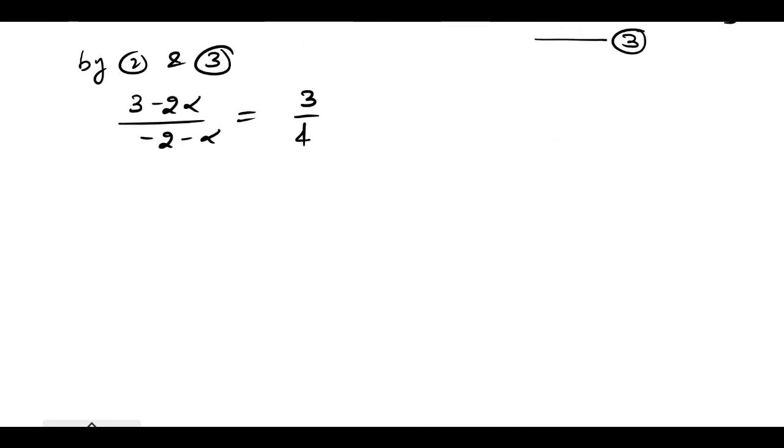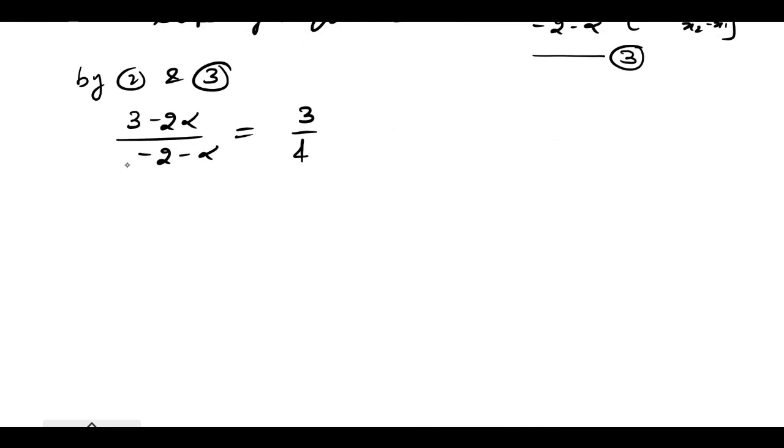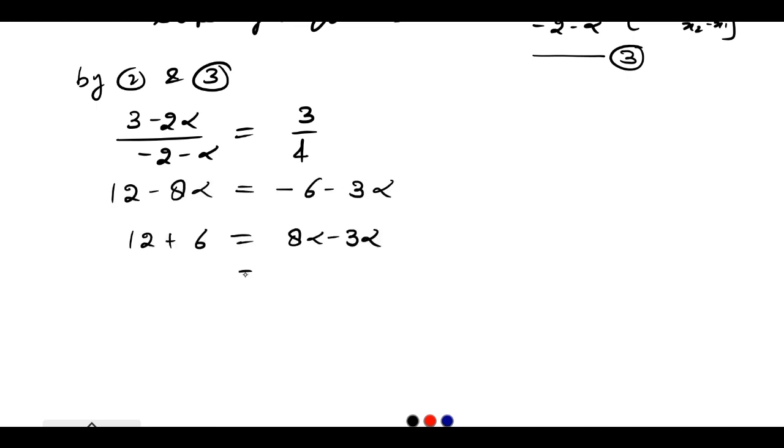Cross multiply and solve it. Alpha is equal to 18 by 5.